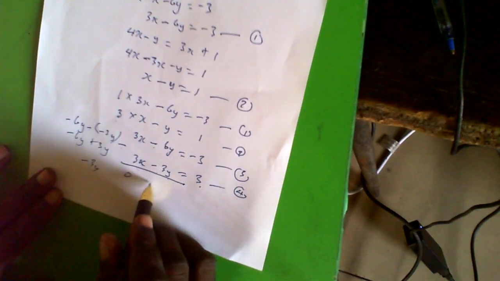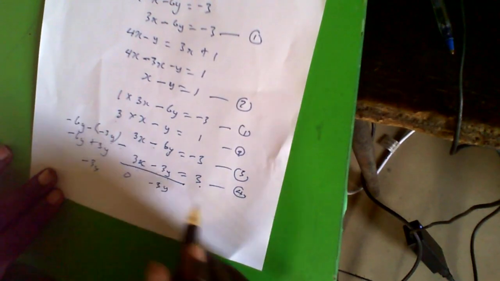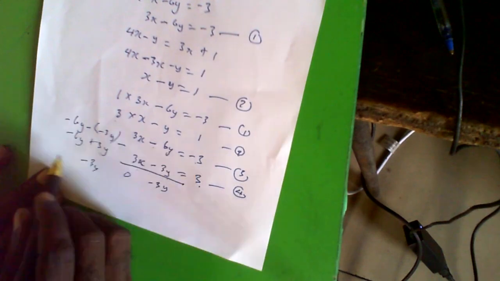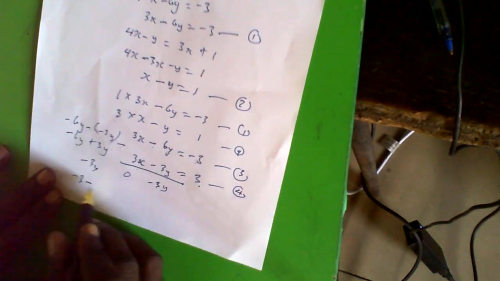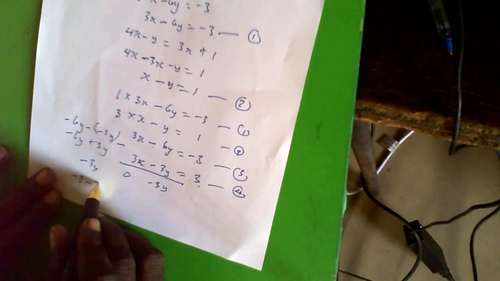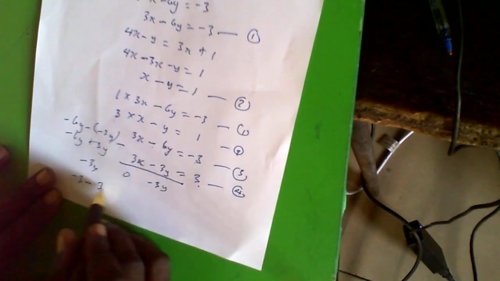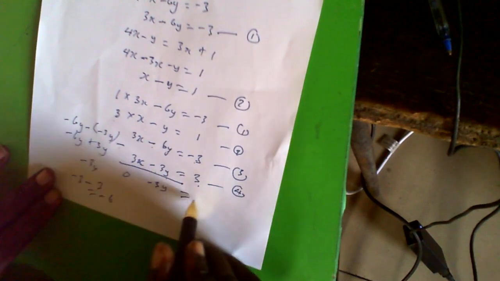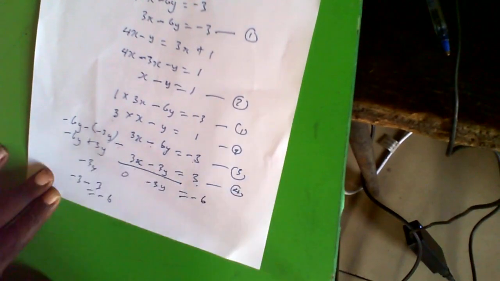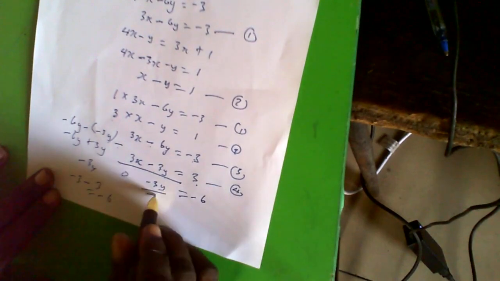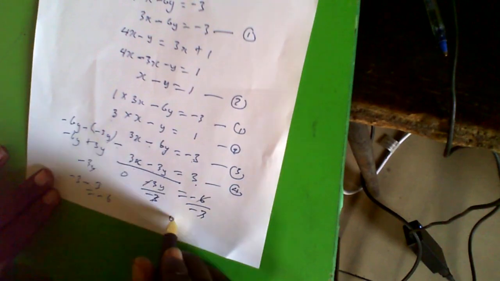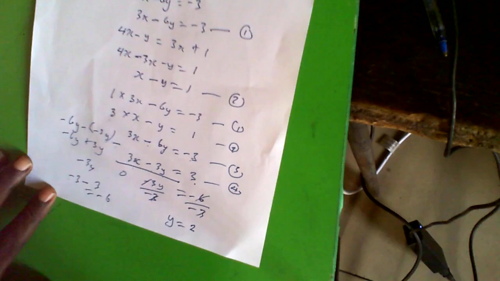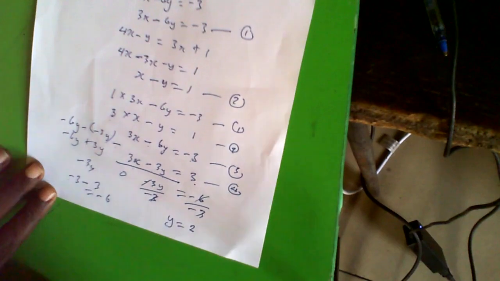Then 3 minus 3 is 0, so we have minus 3y equals 0... rather, the right side works out to minus 6. So minus 3y equals minus 6, and we divide both sides by minus 3. So y is equal to 2. We have gotten the value for y.